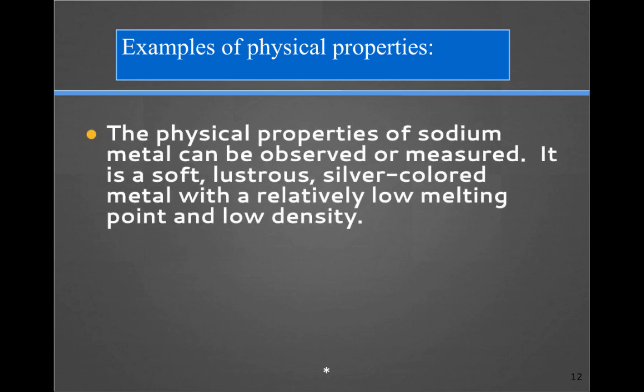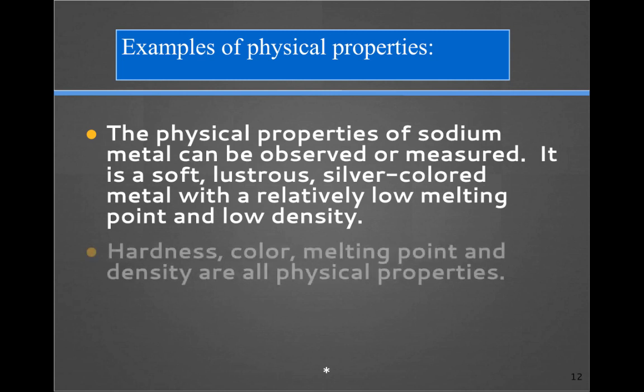The physical property of sodium metal can be observed or measured. It is a soft, lustrous, silver-colored metal with a relatively low melting point and a low density. In that statement, we've discussed the hardness, color, melting point, and density, which are all physical properties of sodium.